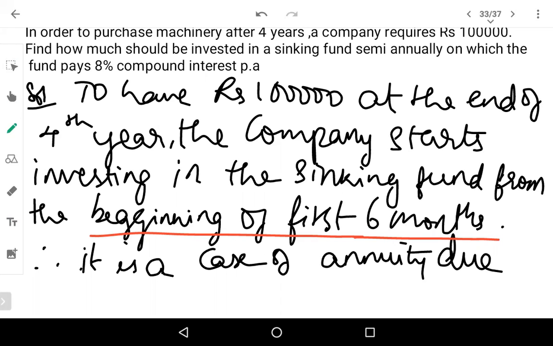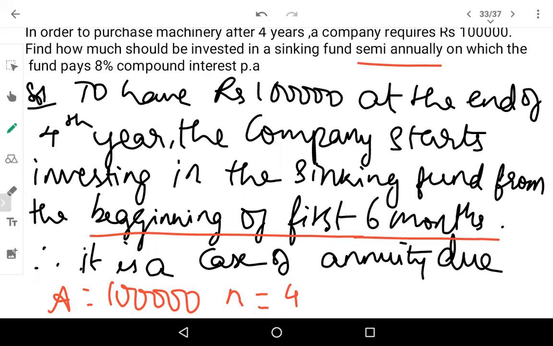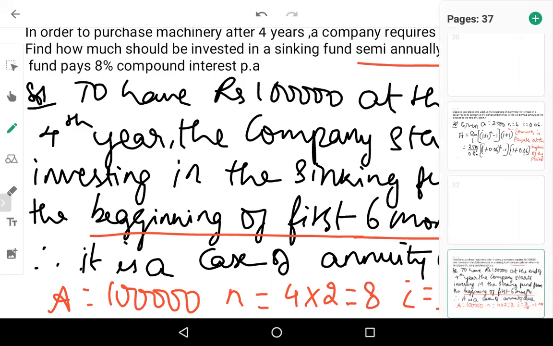So what all is given to us? We have the amount, which is 1 lakh, and then n is 4 years. Since it is paid semi-annually, it will be 4 into 2, which is equal to 8. And the rate of interest, since it is 8%, divided by 2, is 4%, which will be 0.04. So let us put in the formula and simplify.